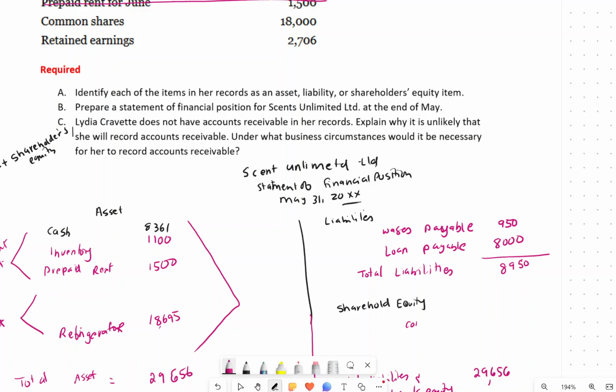Now under shareholders' equity, what do we have? We have common shares. You can also have preferred shares, and we have something called retained earnings. Those are the two things that are left. This is my 8,000. This is 2,706.